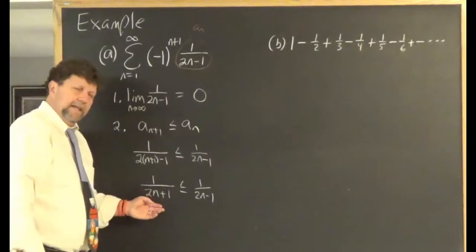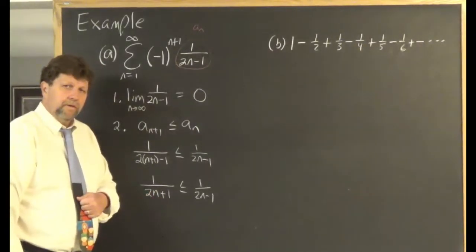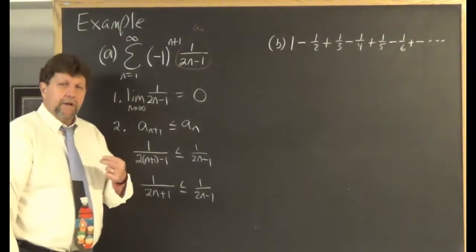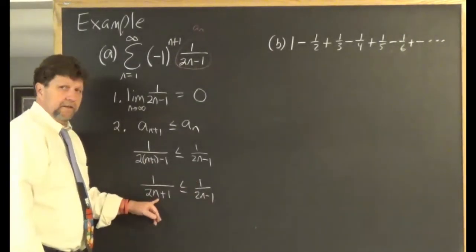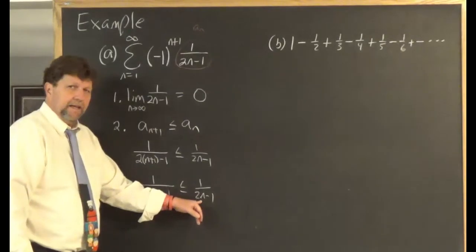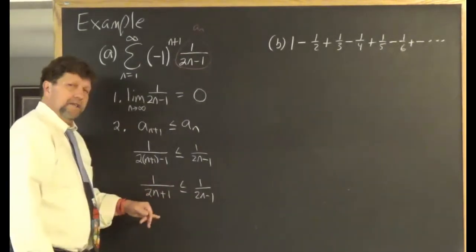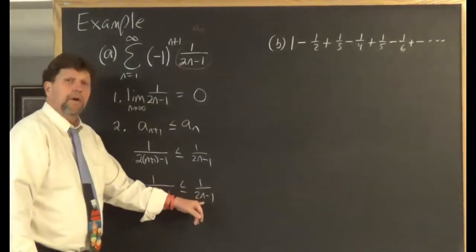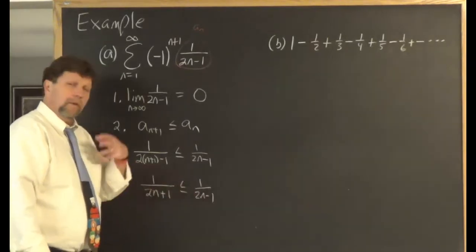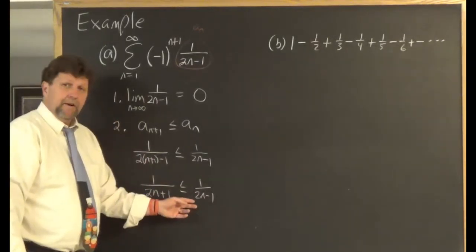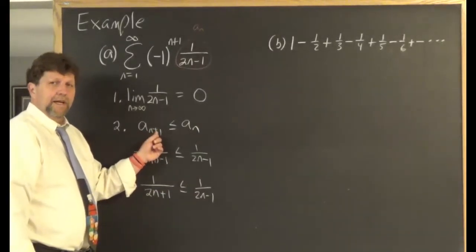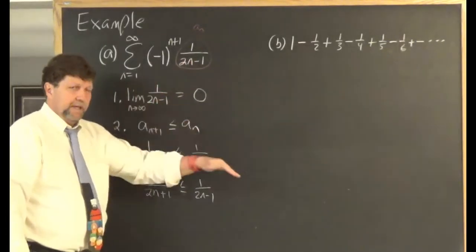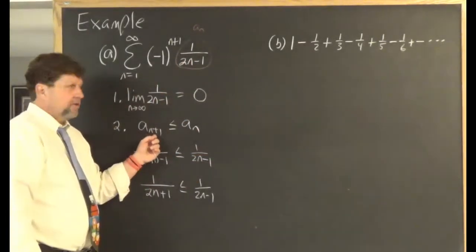How do I know this inequality is true? That's right, it's our denominator argument. The numerators are the same. This denominator is going to be larger than this denominator, so this fraction is definitely less than or equal to this fraction. Because of the denominator argument, we know a sub n plus 1 is less than or equal to a sub n. That tells us the terms are decreasing. So we know this is true.